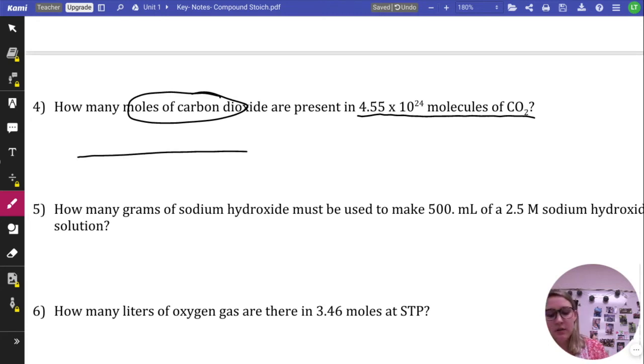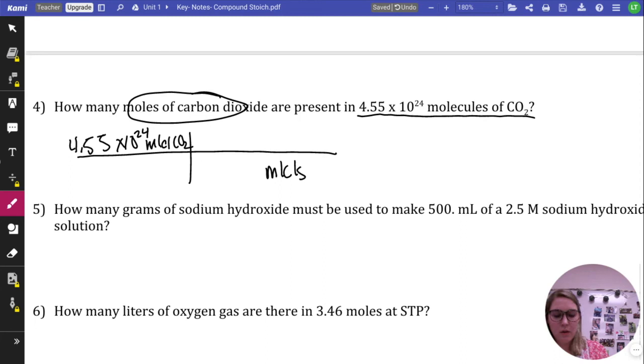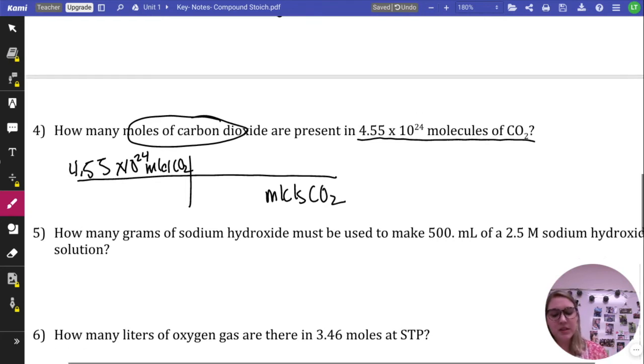All right, so once again, always take what's given. So that is 4.55 times 10 to the 24th molecules of CO2. Molecules is not what we want, so if no, drop it low. And when in doubt, moles it out. So we're going to get to moles.